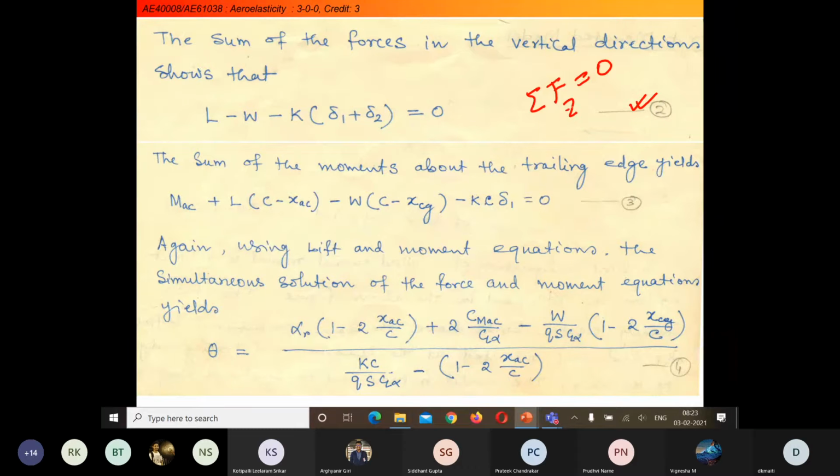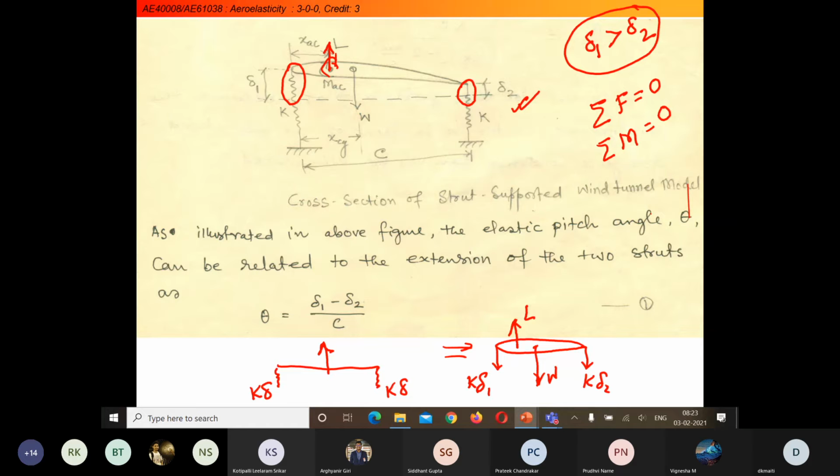So now all the forces equal to zero, that is, force in the z direction equal to zero. We are getting the first equilibrium equation. Then the sum of the moments about the trailing edge. If I take moment about the trailing edge, then this force will be giving a clockwise moment, and this force also will be giving an anti-clockwise moment.